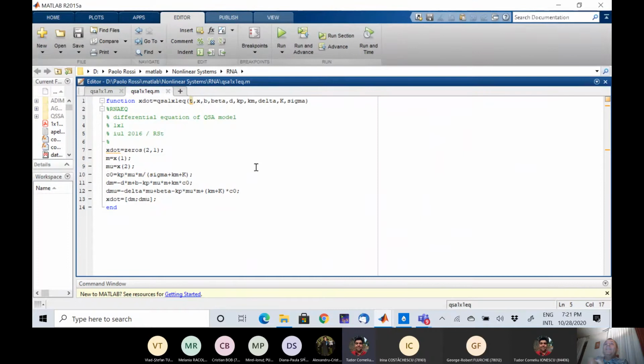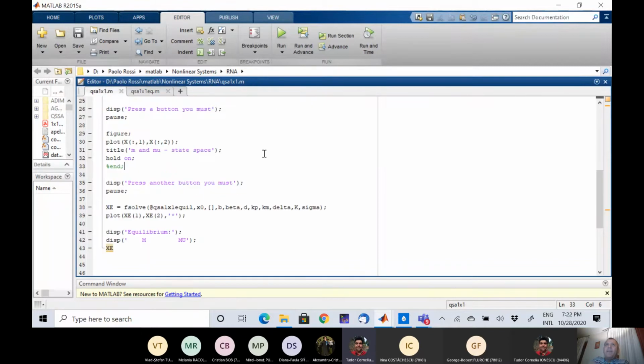Okay. How do we simulate? How does it work in a concrete manner? So we have the description. Don't forget, I have put here a name, and I have written equations to know that this file goes to equation, right? 1 by 1 means that I have one m and one mu.